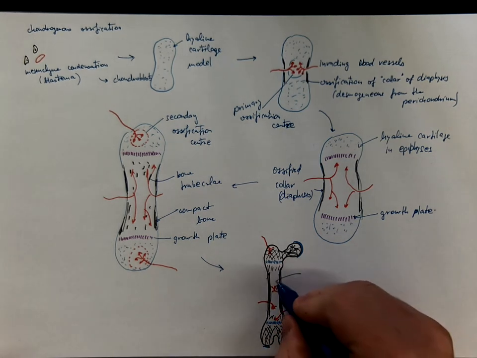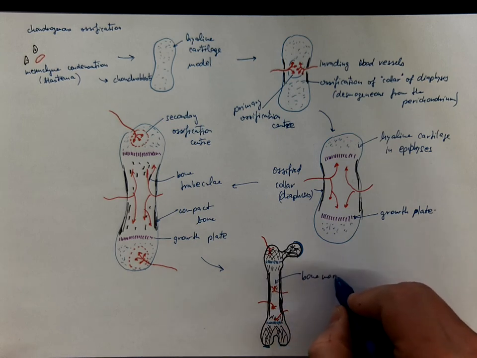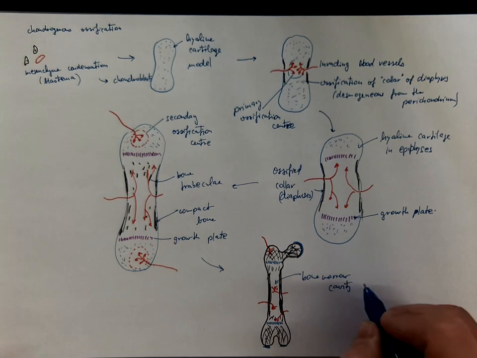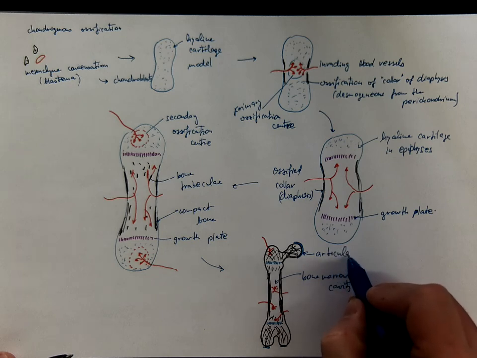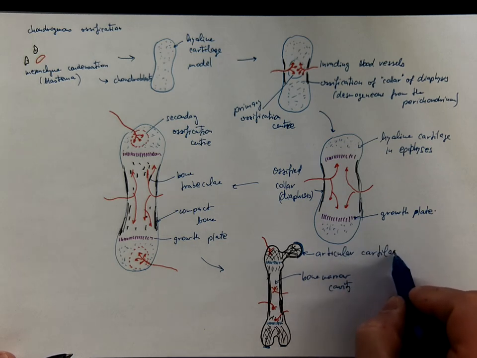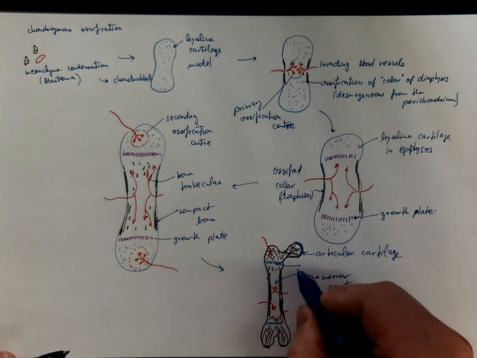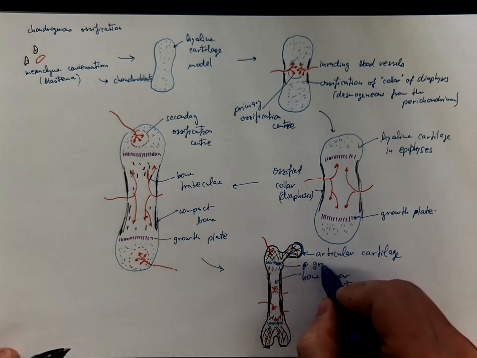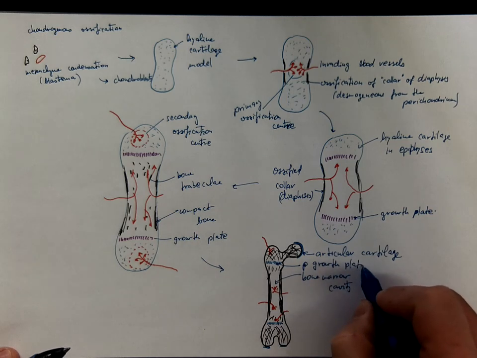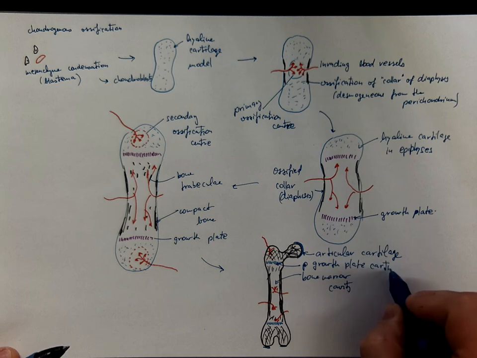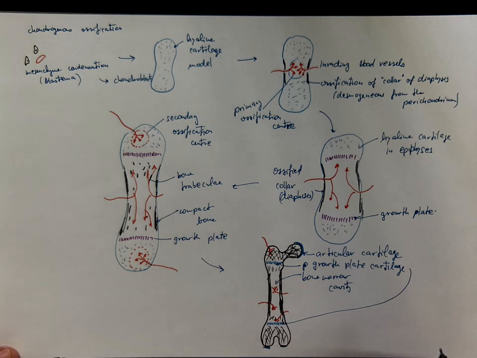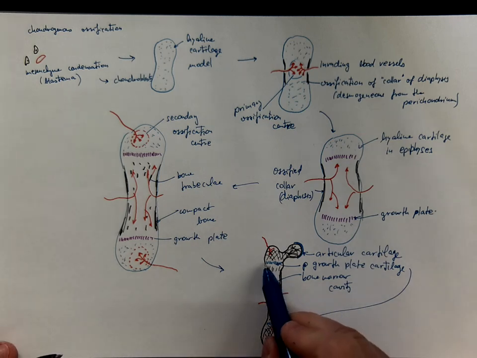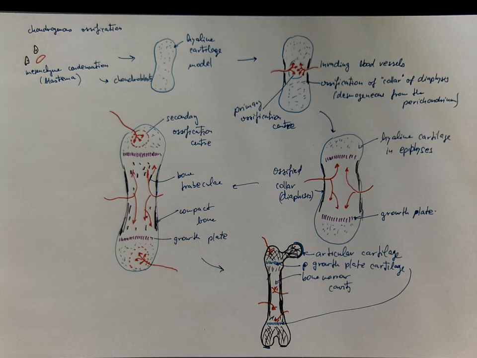So the important thing, we got the bone marrow cavity, and the persisting cartilage as the articular cartilage, the growth plate cartilage, the proximal and the distal, and of course finally these growth plate cartilage undergo final ossification when the bone growth is stopped.